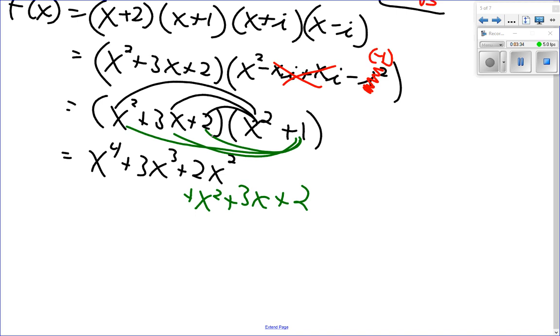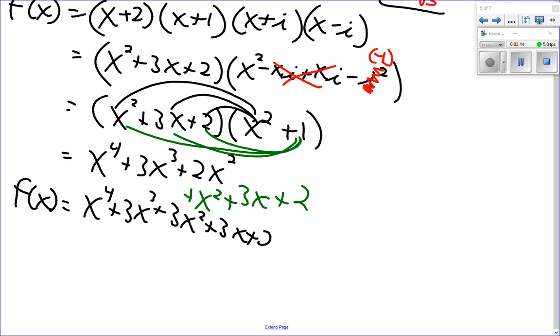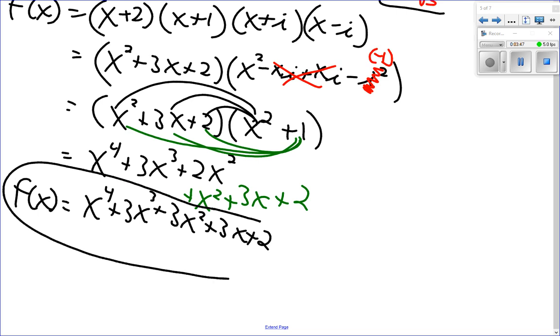So my final answer, x to the 4th plus 3x cubed plus 3x squared plus 3x plus 2. It said write a polynomial function f. So if you don't have f of x equals that, you haven't written the right thing.